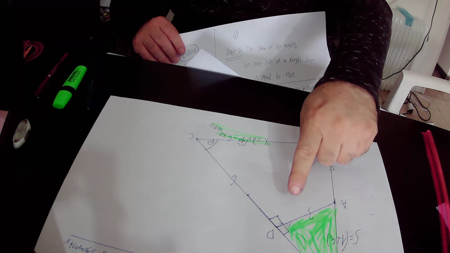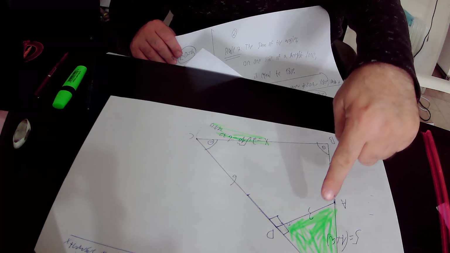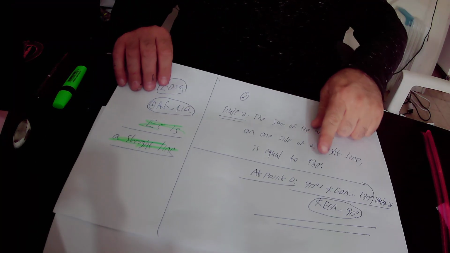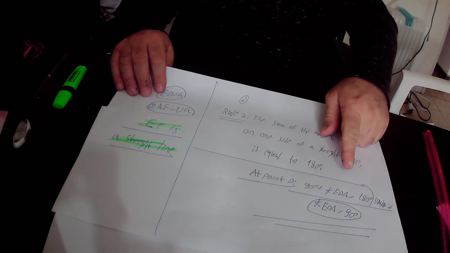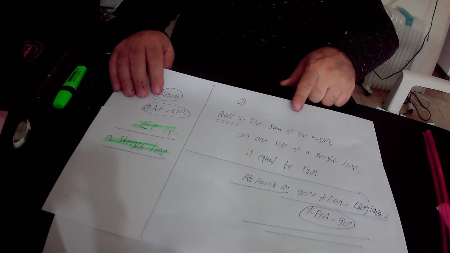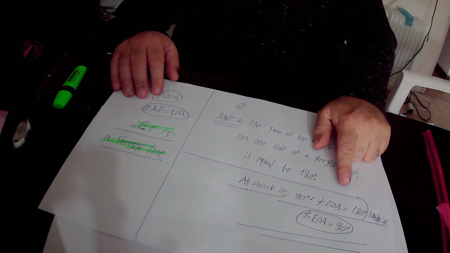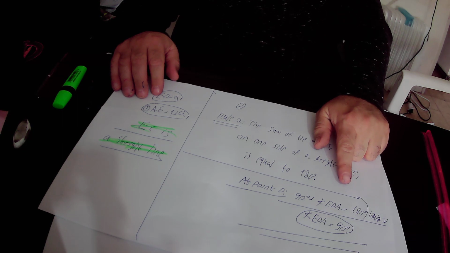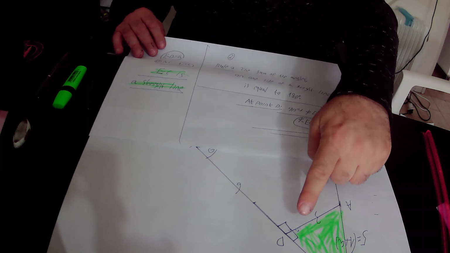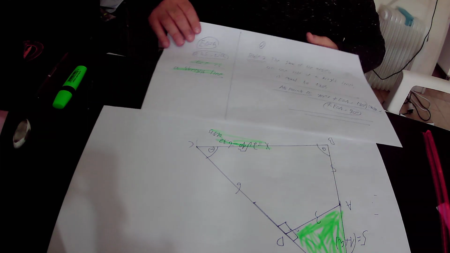We have 90 degrees and angle EDA, so 90 degrees plus angle EDA equals 180 degrees. We subtracted 90 degrees and found that the missing angle EDA equals 90 degrees. This is a right angle, therefore the green triangle EDA is a right triangle.